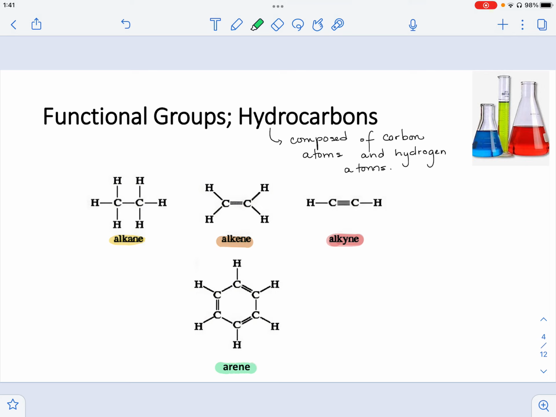And arenes are also known as aromatic compounds. And remember that this concept of aromatic compounds is because of the benzene ring.